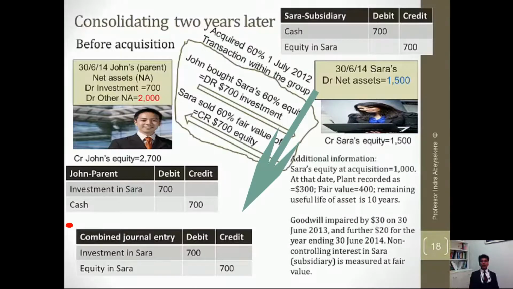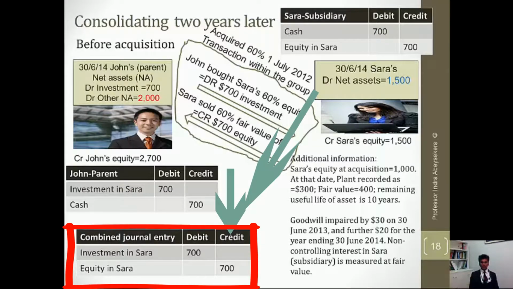When we combine the two general journal entries, the combined journal entry is debit investment in Sarah $700 and credit equity in Sarah $700. It is that journal entry we must reverse, but in detail.